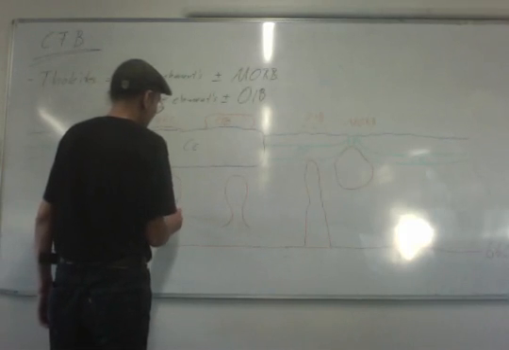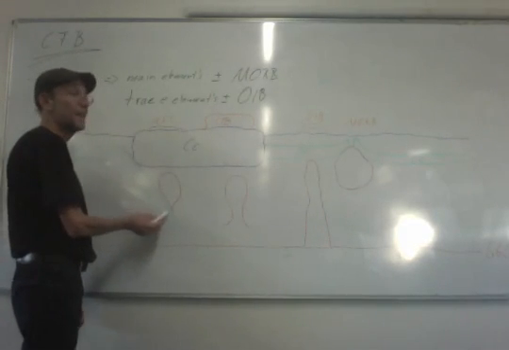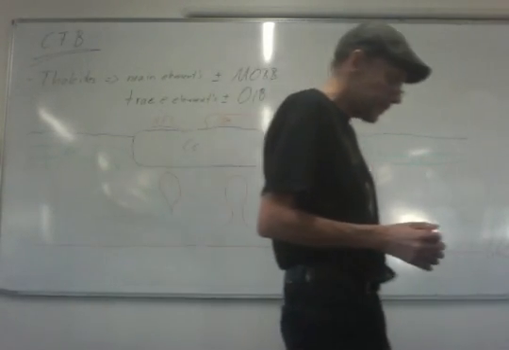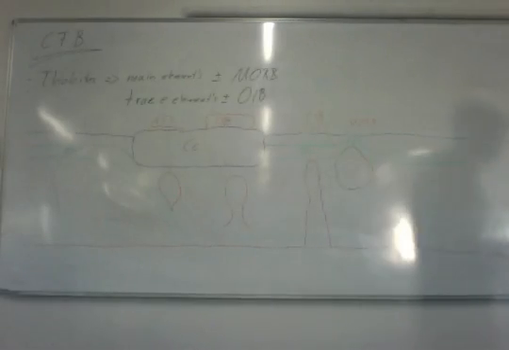Our slab starts to melt here. When this melt is produced, or it starts to melt, the muscovite breaks down.